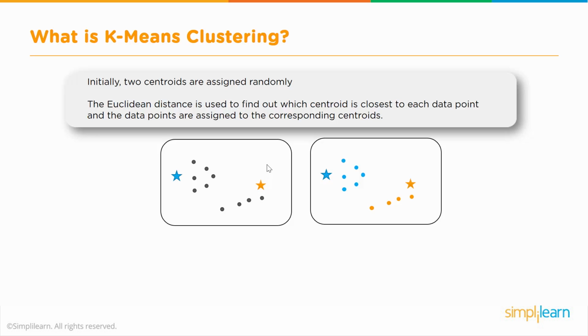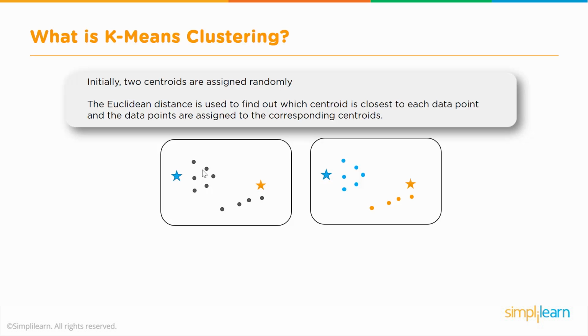The next step is to determine the distance of each of the data points from each of the randomly assigned centroids. So for example, we take this point and find the distance from this centroid and the distance from this centroid. This point is taken and the distance is found from this centroid and this centroid, and so on and so forth. So for every point, the distance is measured from both the centroids, and then whichever distance is less, that point is assigned to that centroid.